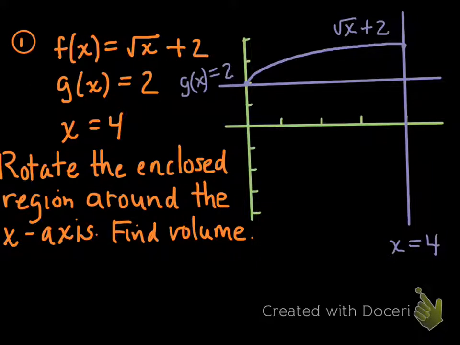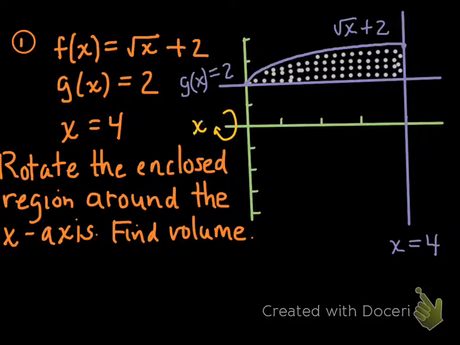You see the trapped region here that the 3 curves enclose. Now notice this region is floating above the x-axis. So when we rotate this, we'll see clearly this void when we rotate around the x-axis.